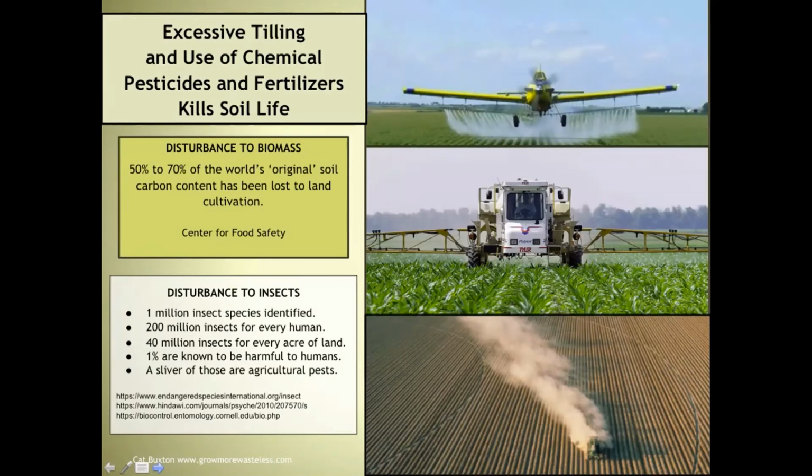The disturbance to insects because of chemical fertilizers and pesticides is outrageous. Of the 1 million insect species that have been identified on our planet, only 1% are known to be harmful to humans, and a sliver of those are actually agricultural pests.